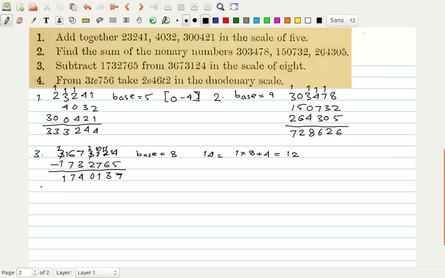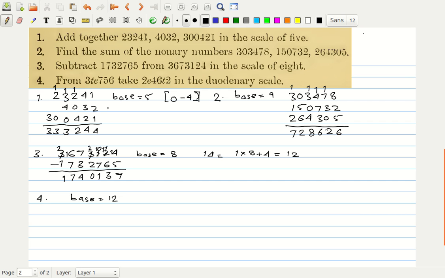So let us do problem number 4. From 3TE756 take 2E46T2 in duodenary scale. Okay, so what they are saying is that base is equal to 12.